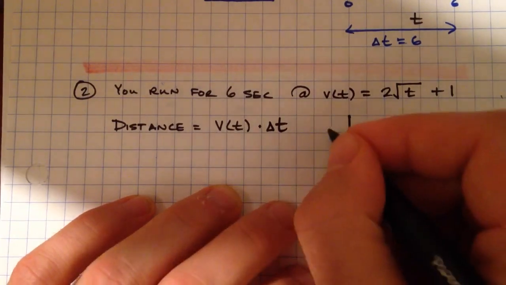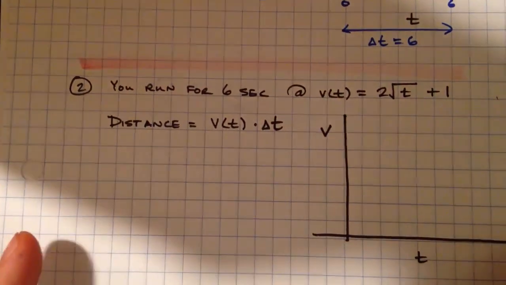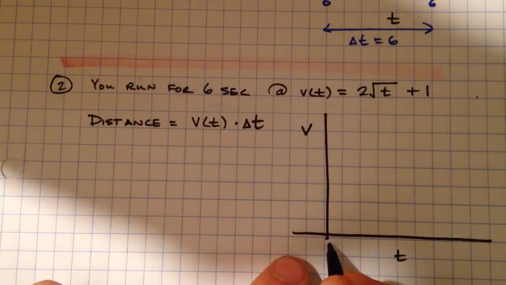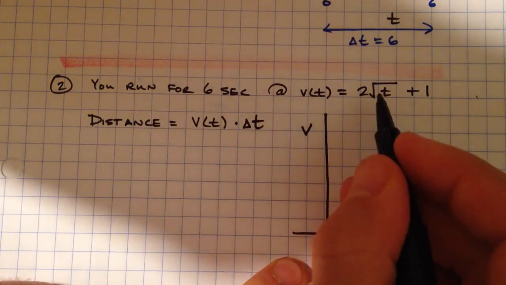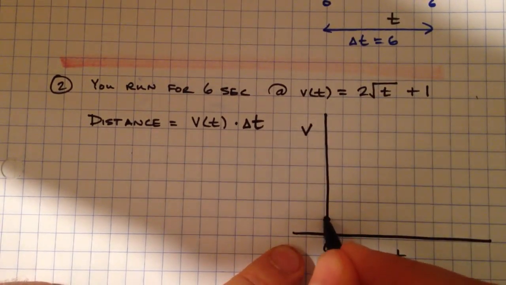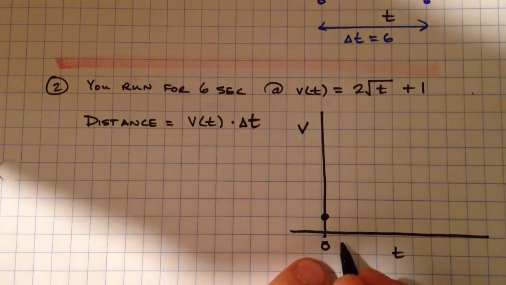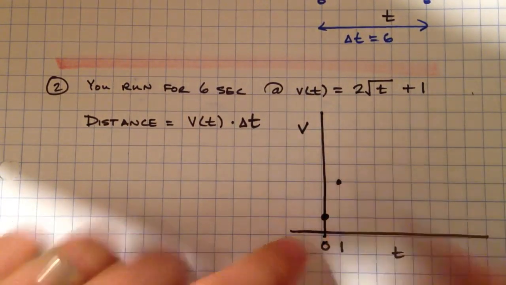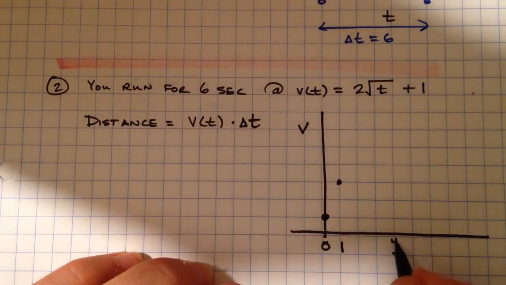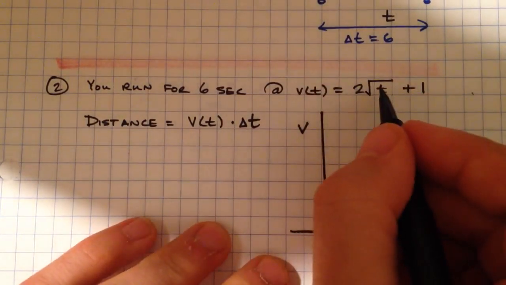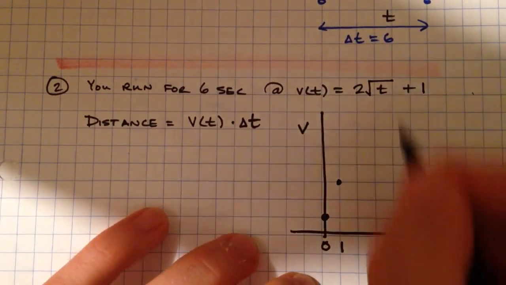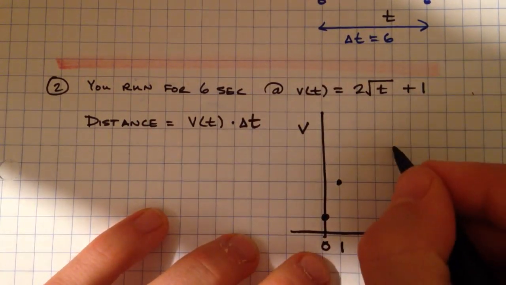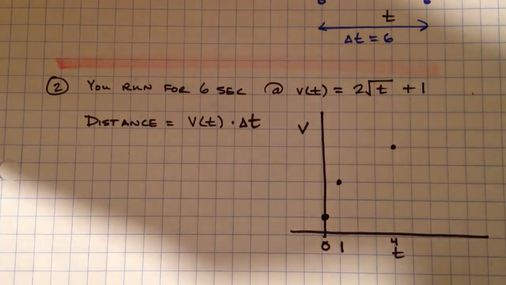Here's time going by, here's the velocity, and I know that at time 0, if I plug 0 in here, we get a velocity of 1. And at time 1, if we plug 1 in here, we get a velocity of 3. And at time 4, I'm picking 4 just because this is a square rooting function. If we plug 4 in here, we get a velocity of 5.